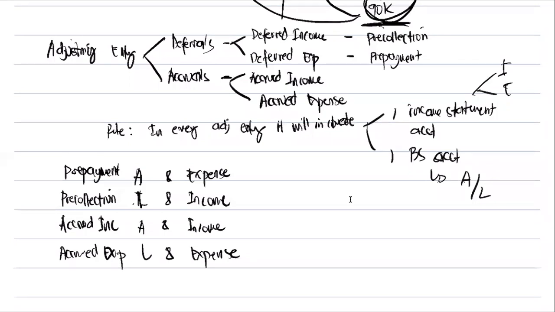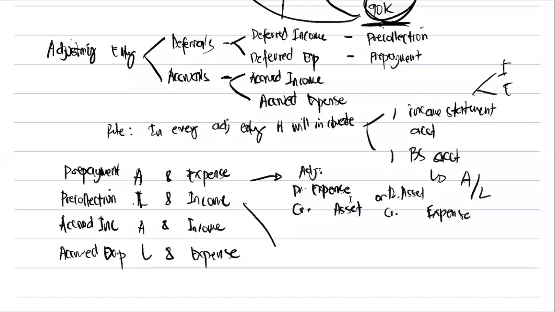Therefore, if that is a prepayment, your adjusting entry can either be a debit to expense and a credit to an asset, or a debit to asset and a credit to expense.